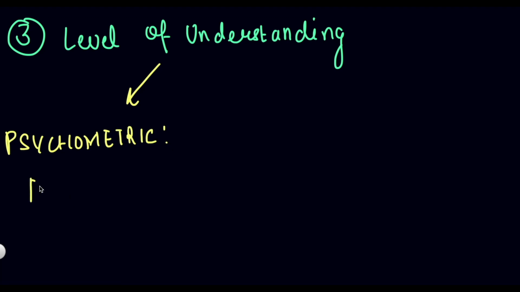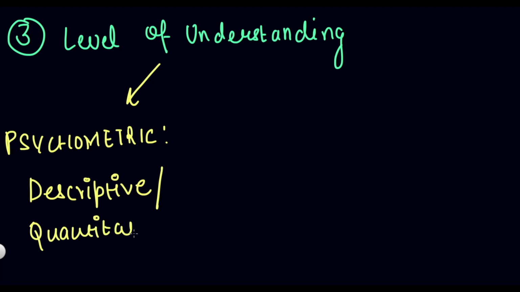So therefore the level is very descriptive, or rather you can even say quantitative, right? Why? Because we are answering questions of what does intelligence consist of. So the answers would be in the form of, okay, we have these abilities that constitute intelligence. So we have X ability, Y ability, Z ability, A ability, etc. So we are quantifying intelligence.